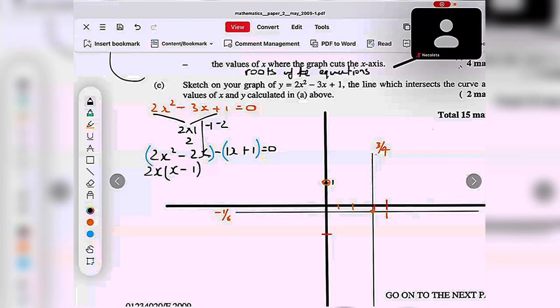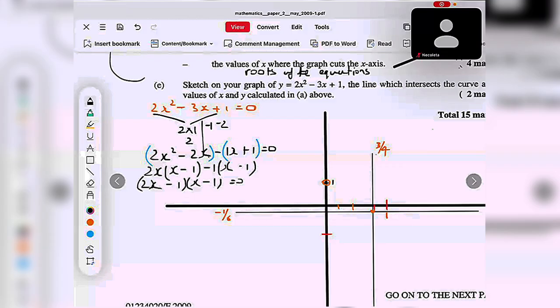Now, so you go, minus 1 open bracket x minus 1. All right, so 2x minus 1 and x minus 1 equals 0.